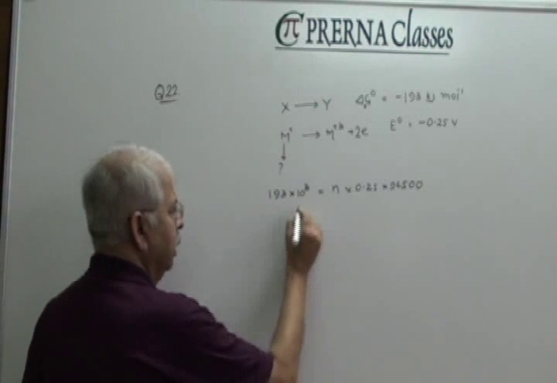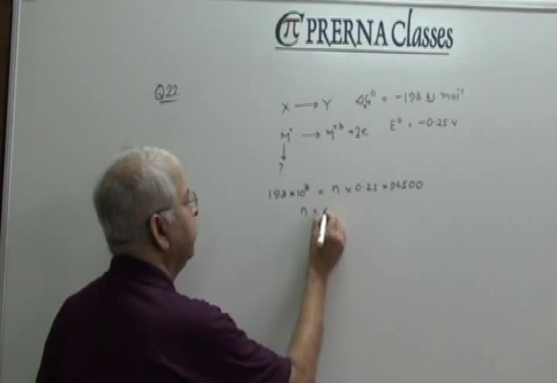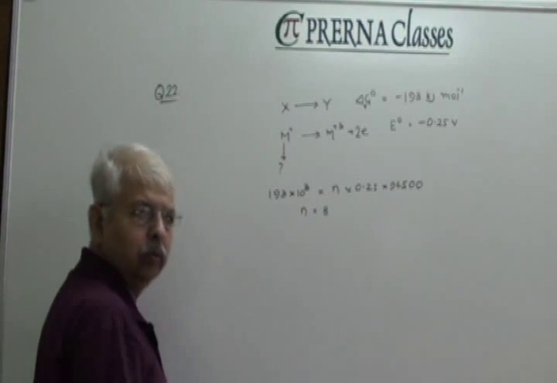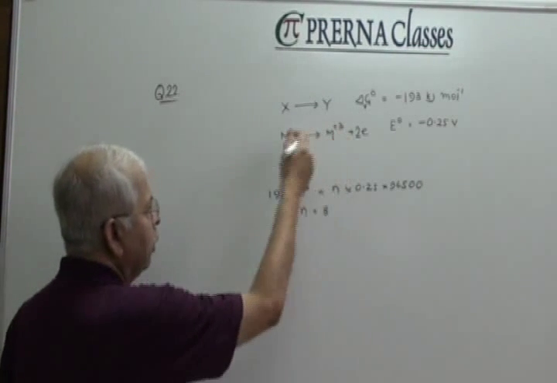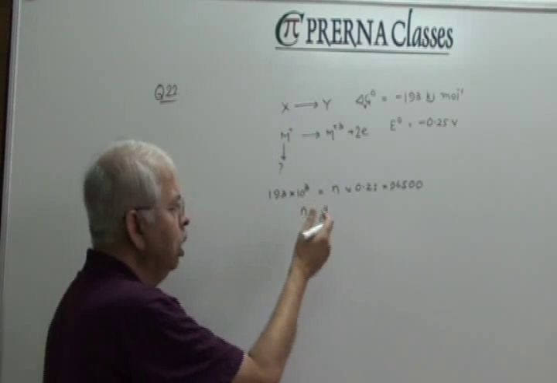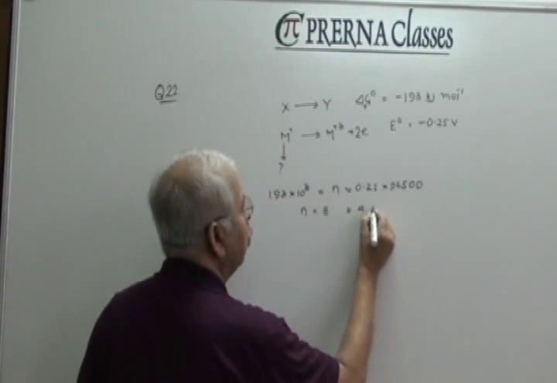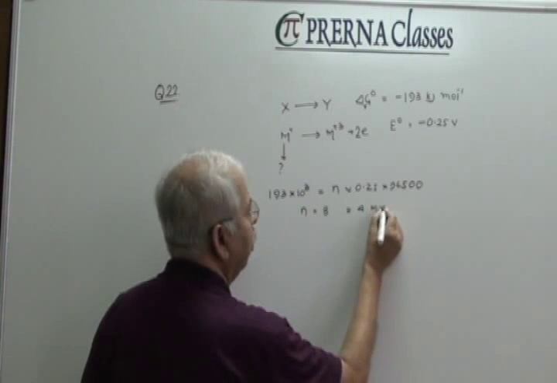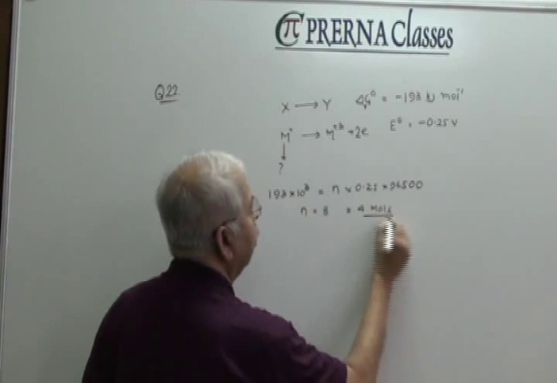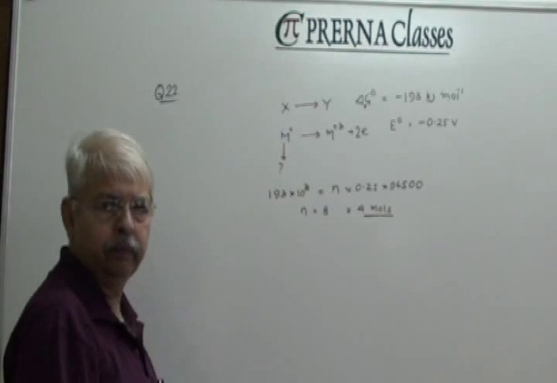If you solve it, n becomes 8. Now, 2 moles of electrons is associated with 1 mole, therefore 8 moles of electrons is associated with 4 moles. So the answer is 4.